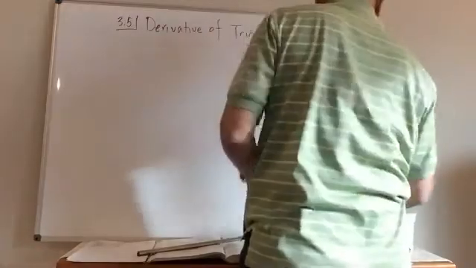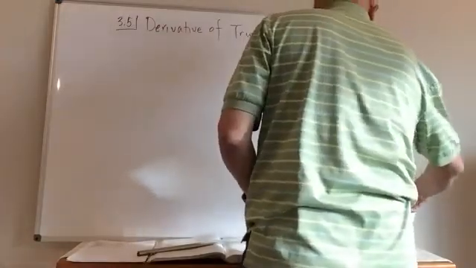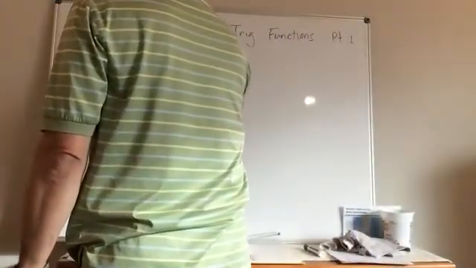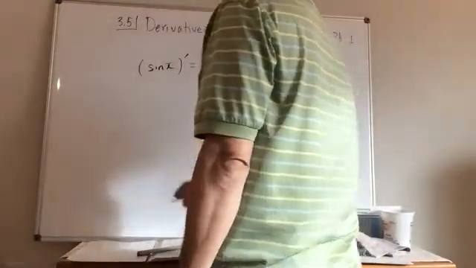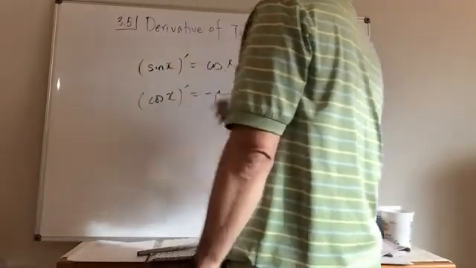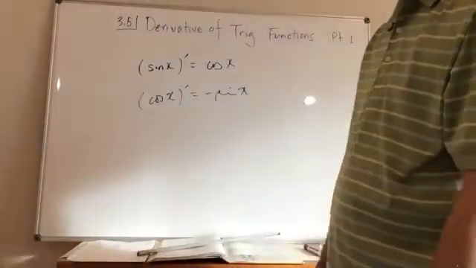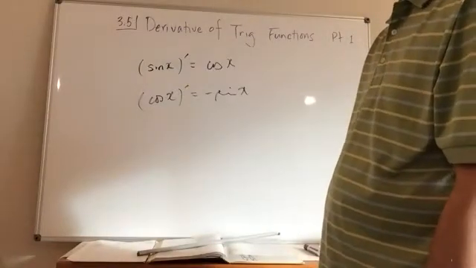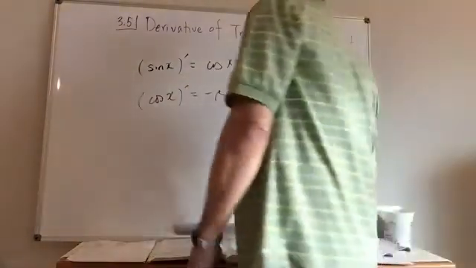So we have learned that the derivative of sine x is equal to cosine x. Then the derivative of cosine x is equal to negative sine x. Okay? All right, so that is what we learned.